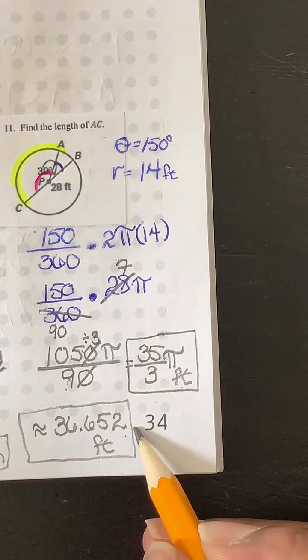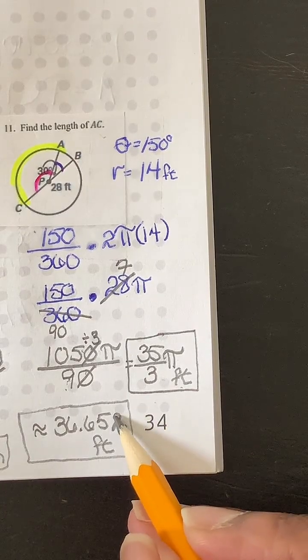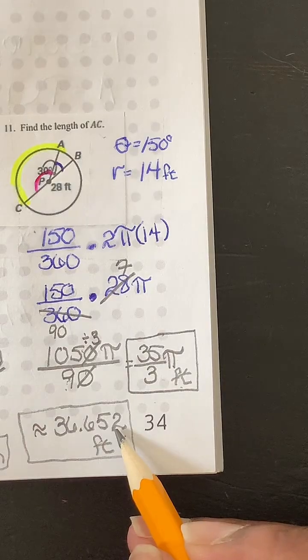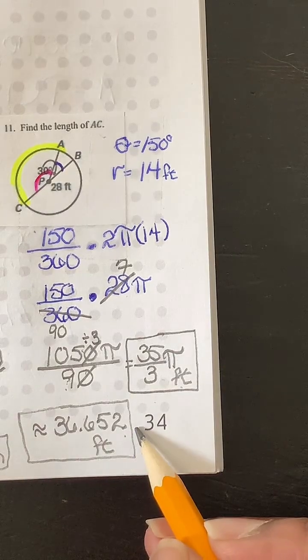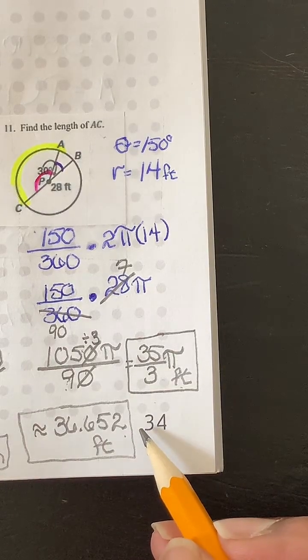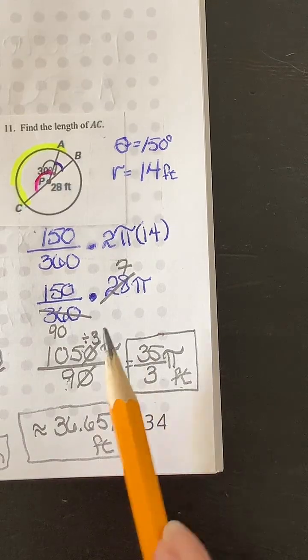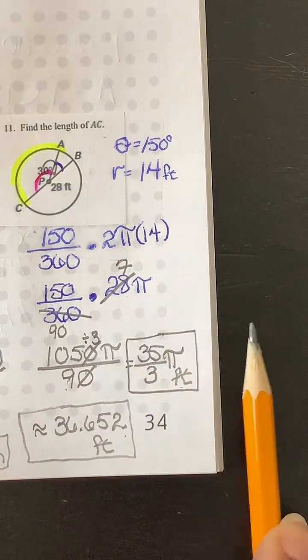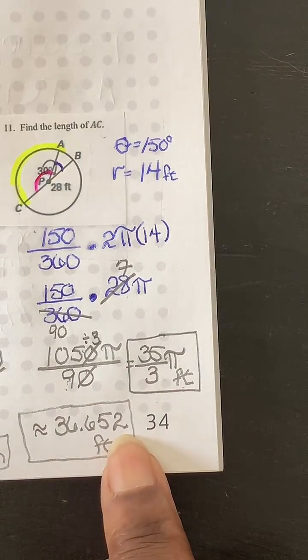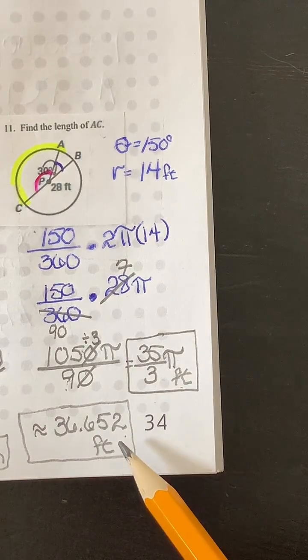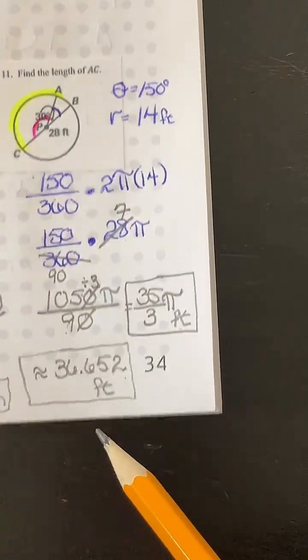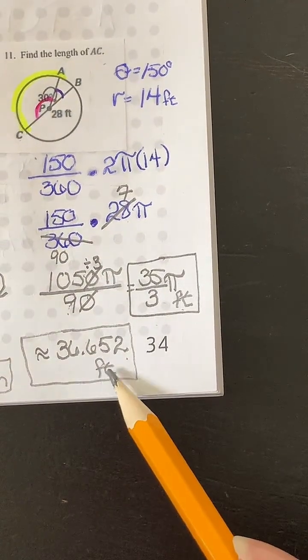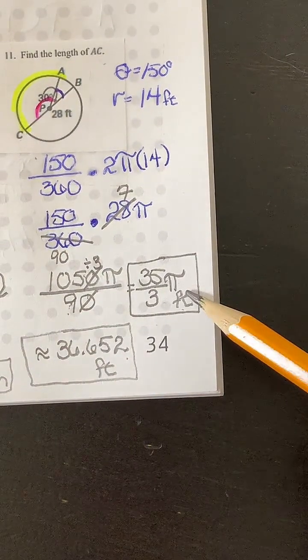Now, the rule is, if it's 5 and above, we give it a shove: we add a 1 to the previous digit. If it's 4 and below, we leave it alone, so we ignore anything after that digit. So this will be your approximate answer, and this will be your exact.